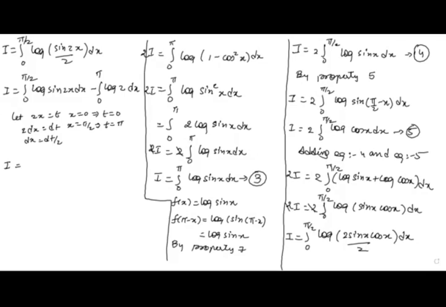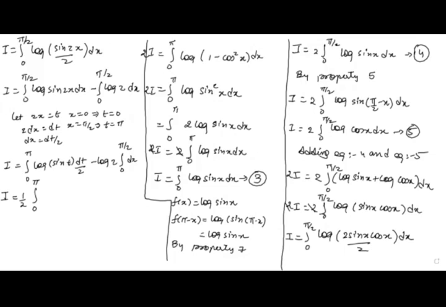So I can replace this as the integral from 0 to pi of log sin t dt by 2. Here 2 will come outside. Here also pi by 2. And this will be just dx. Right. So this 1 by 2 will come outside.